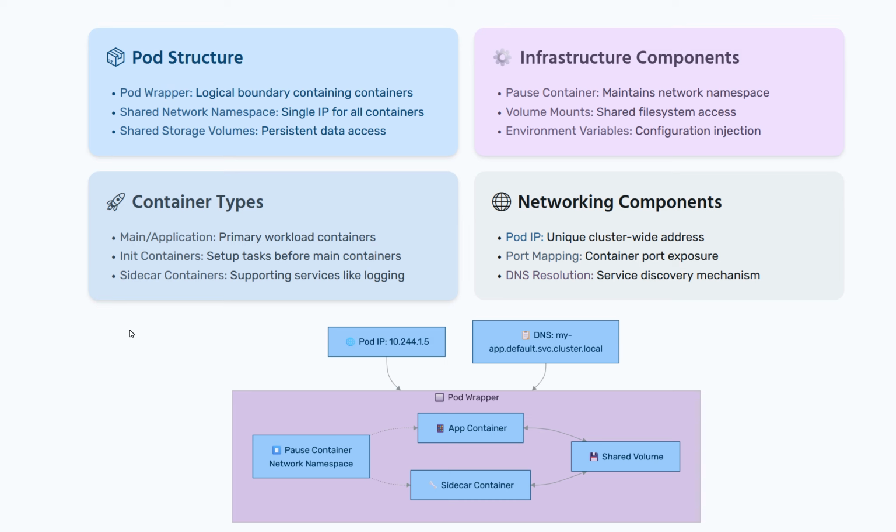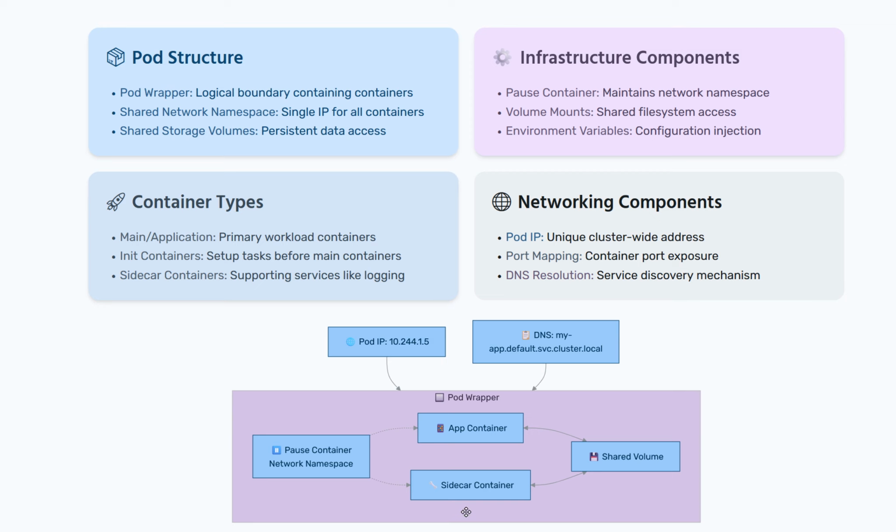And then the infrastructure component, the pause container, maintains the network namespace. So you have one network namespace. The volume mounts, shared file system access, environment variables, and configuration injection. The networking config components are the pod IP, a unique cluster-wide address, and port mapping, container port exposure, and then DNS resolution, right?